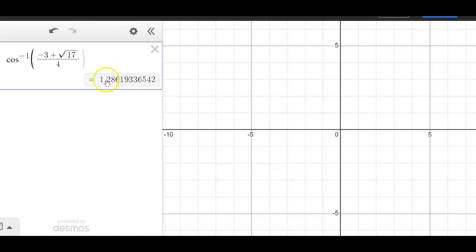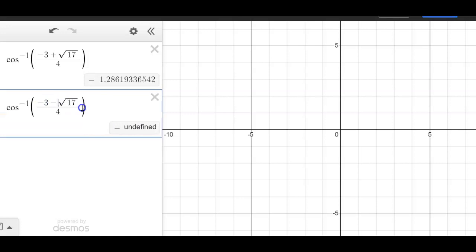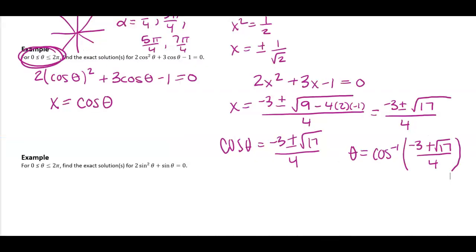All right, so I get 1.286. Now remember, that is in radians. I also want to find this in the negative. Okay, undefined. So I'm not even going to worry about that. That's probably because that's probably a number smaller than negative 1. So I just have this here. That's in radians, 1.286.